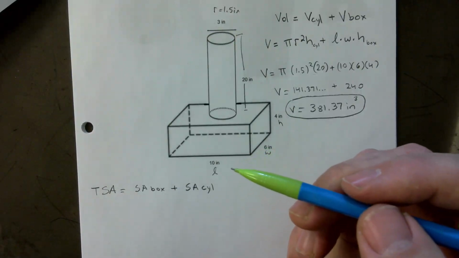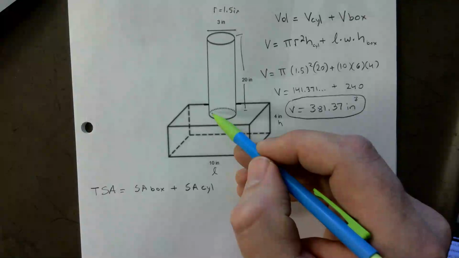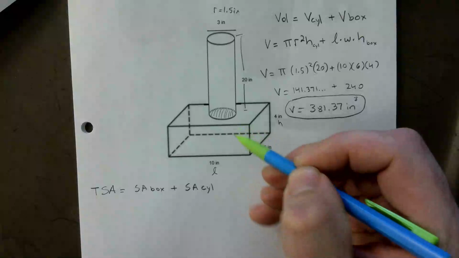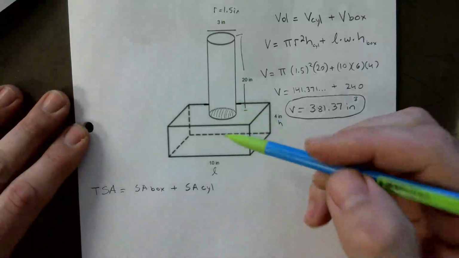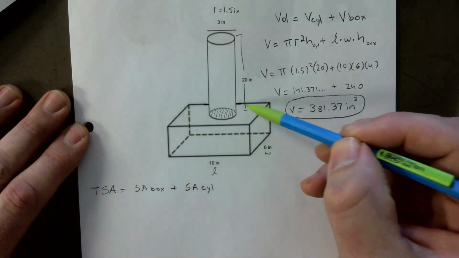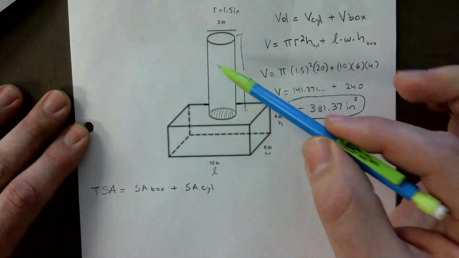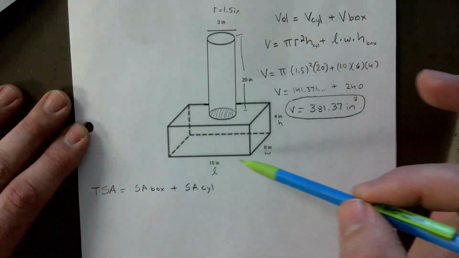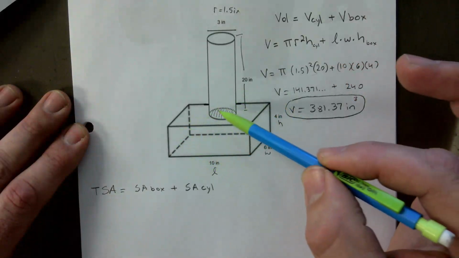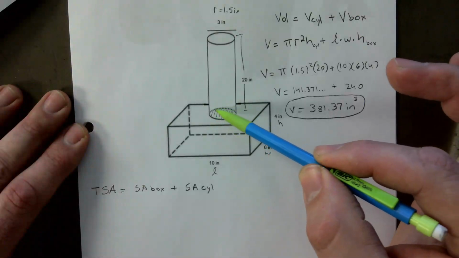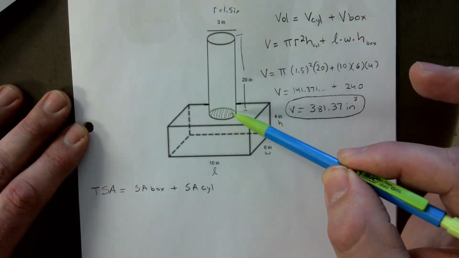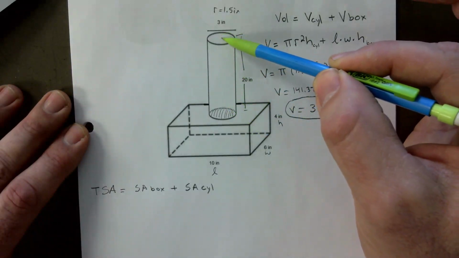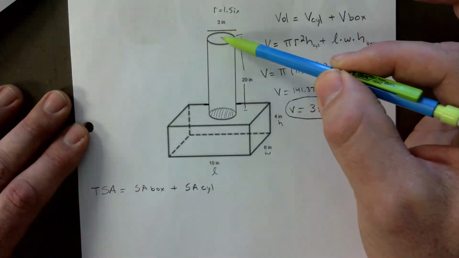But there's a problem, okay? Do you see this face right here? Now pay attention to this. If I find the surface area of this box, let's assume for a second this cylinder is not on top of it yet. I will include this part here, right? I don't want that. But I do need to include this one up here.